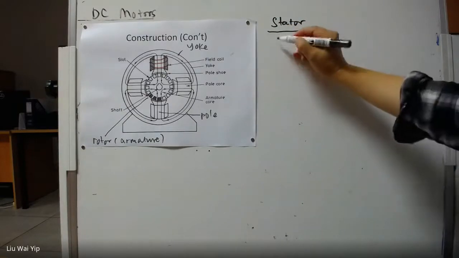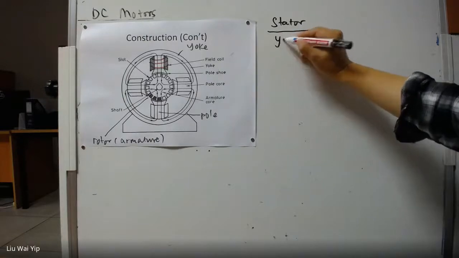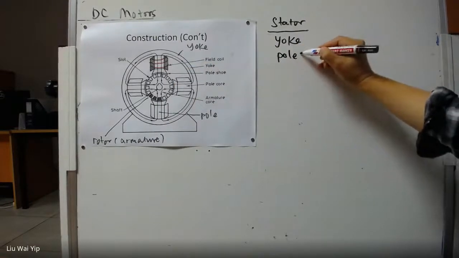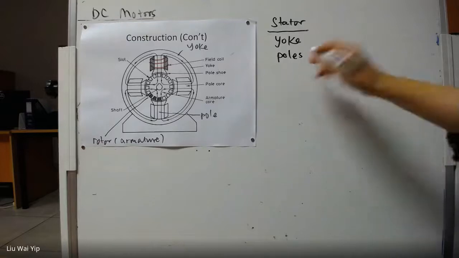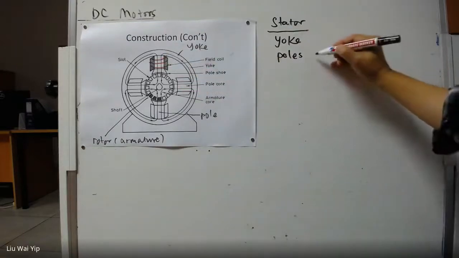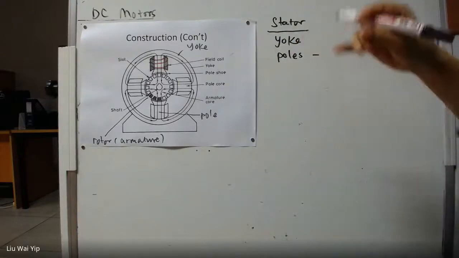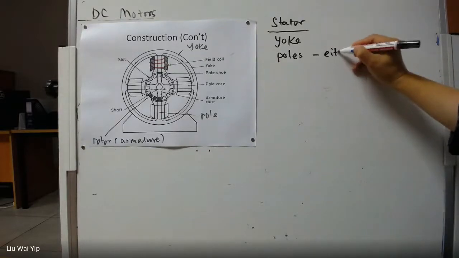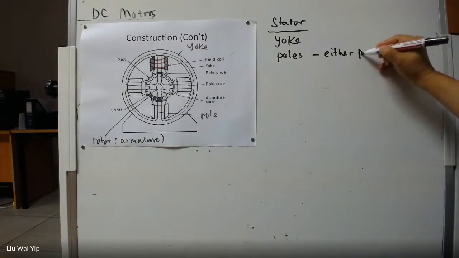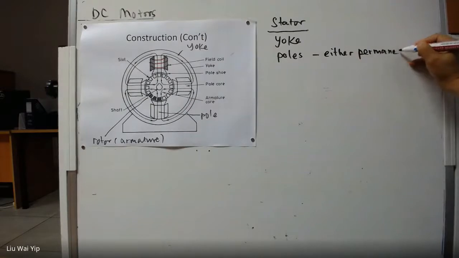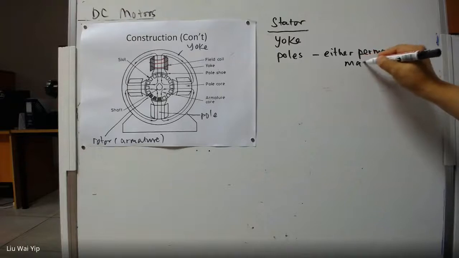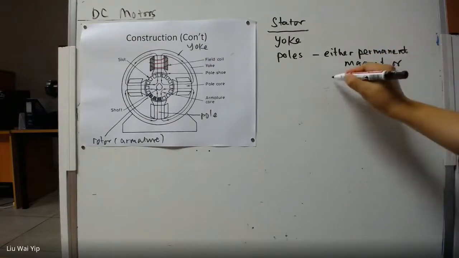The stator will have the yoke, which supports the poles, and the poles are either made with permanent magnets or electromagnets.